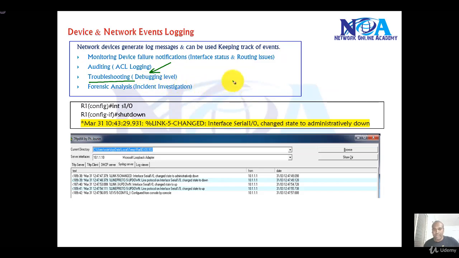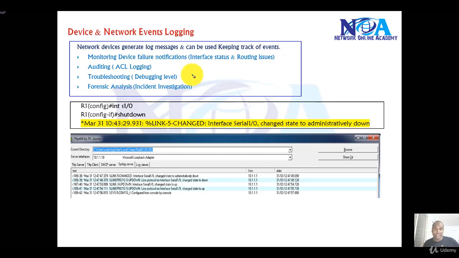Let's say you've got an issue on the router, maybe the neighborship is flapping, or the VPN is not coming up, and you just want to see what is happening in the backend. So we can enable logging for the debug messages, and then we can see what is going on in the backend.